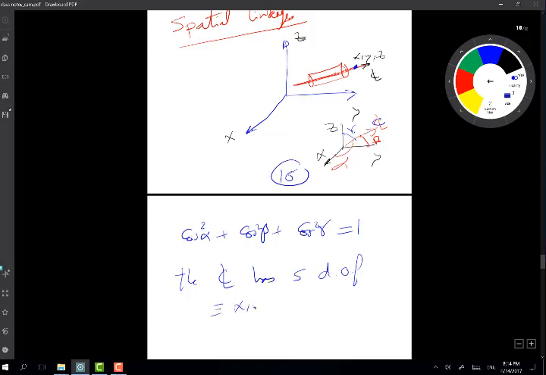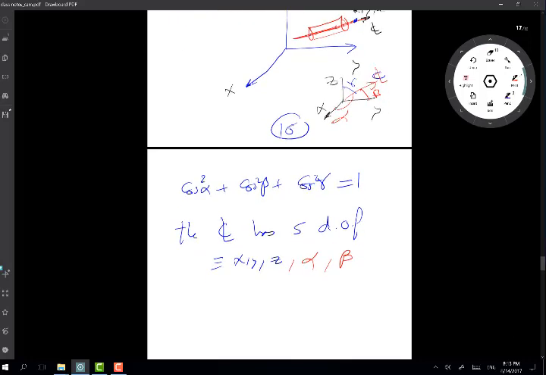Being x, y, z of a point, and alpha and beta, right? Angle with x-axis and angle with y-axis, right?